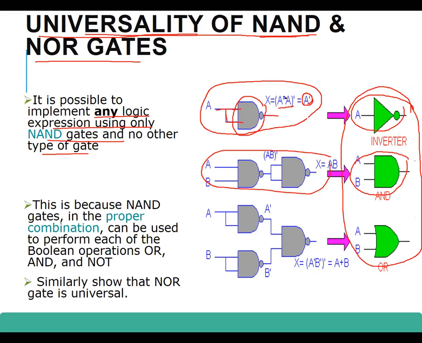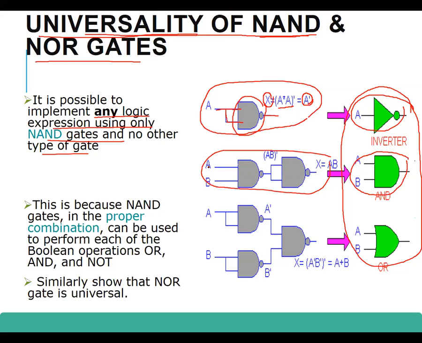A is multiplied by A, and the complement of that AND is the output of the NAND gate. So when you give the same input, you get the complement of A. That is equivalent to an inverter or the NOT gate. If you want to draw the AND gate, you can draw something like this, one after the other.